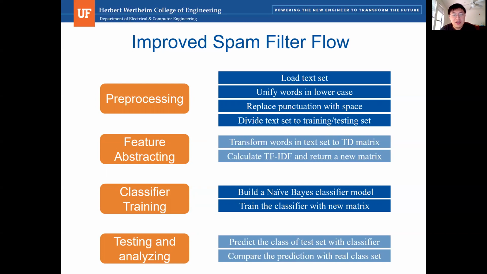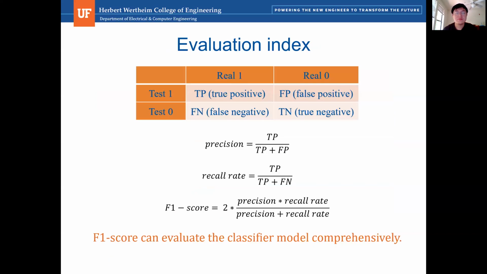In the third part, classifier training, we build a Naïve Bayes classifier model and train this classifier with the new matrix. In the last part, we predict the class of the test sets with the classifier and compare the prediction with the real class sets. When analyzing the testing results, there are 3 indexes to evaluate the performance of the classifier.